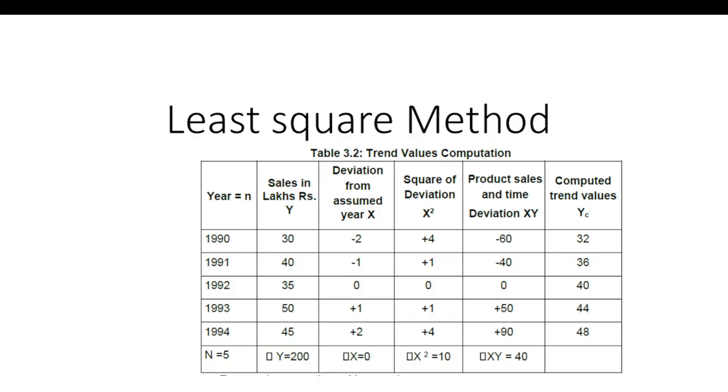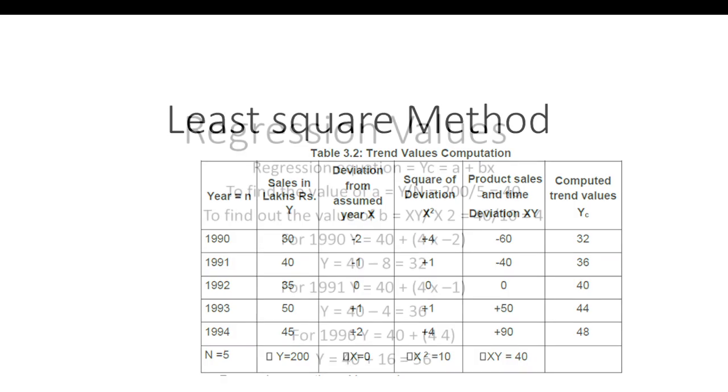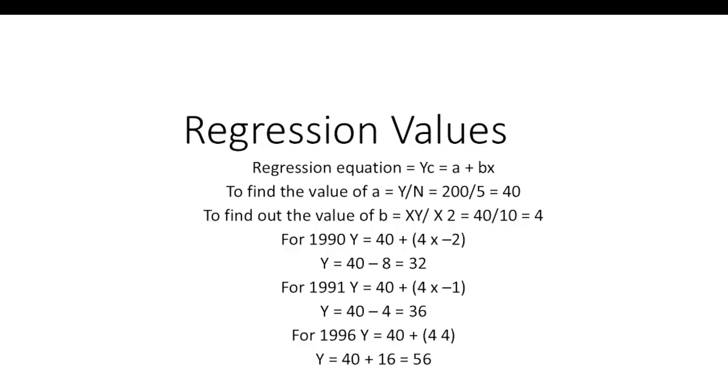Why is it 4? 1996 minus 1992 is equal to 4. So the forecasted sale for 1996 is equal to 40 plus bx, that is 4 into the time deviation, 4 into 4. So the forecasted sale is equal to 56.